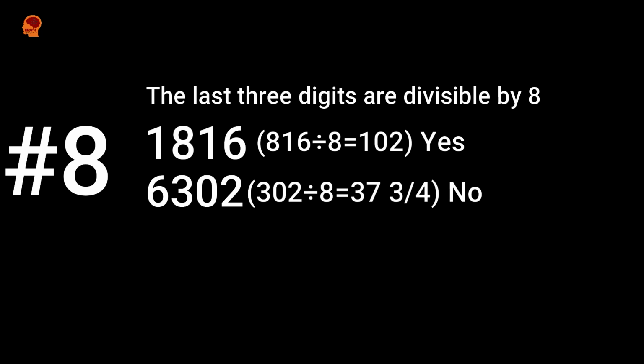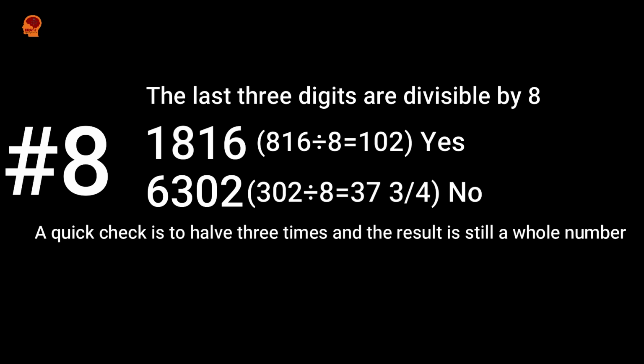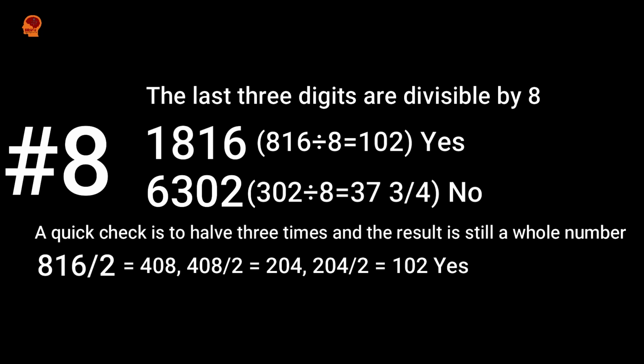Another way you can do that is to divide the number by 2 three times. When you have something like 1816, you take 816 divided by 2, that gives you 408.